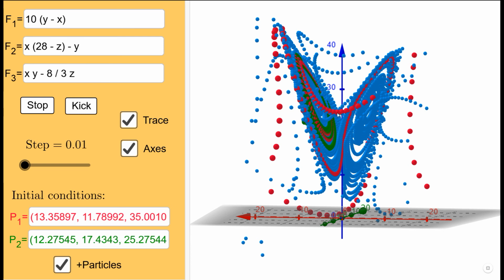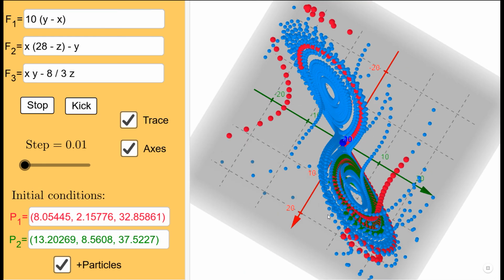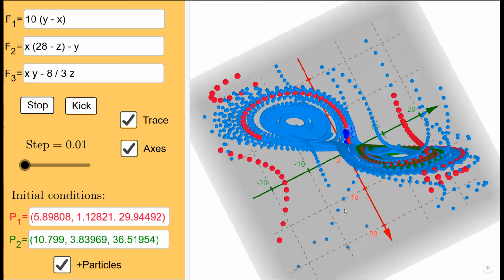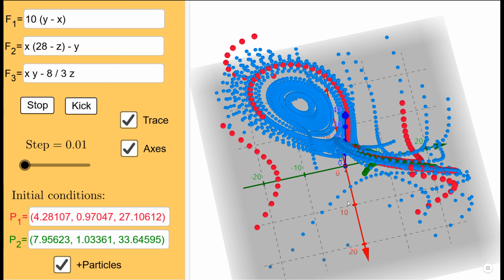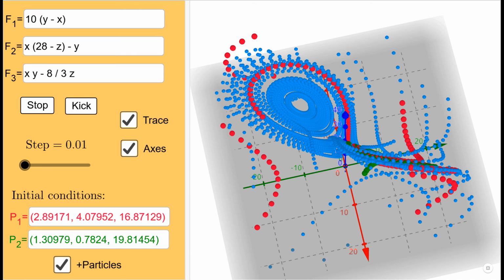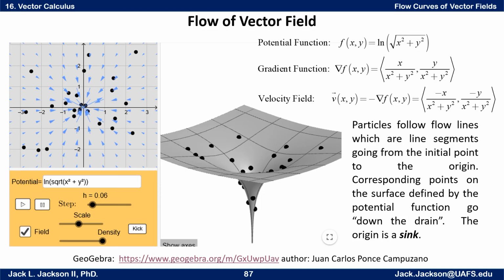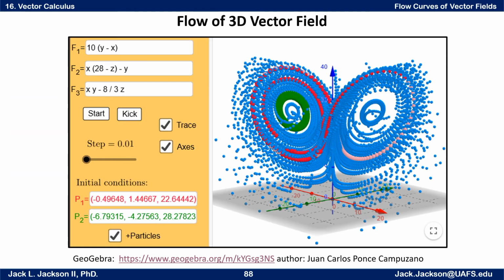If you put the tail at that point, it'll be tangent to this curve, and it will be in the direction of the motion of the particle. There's a static slide of the same thing.